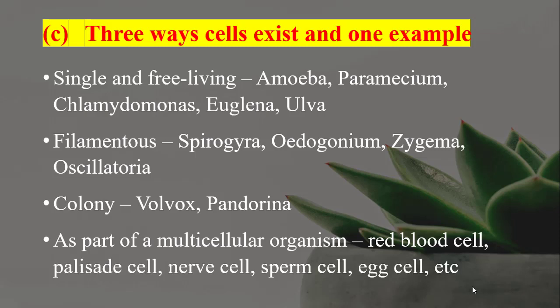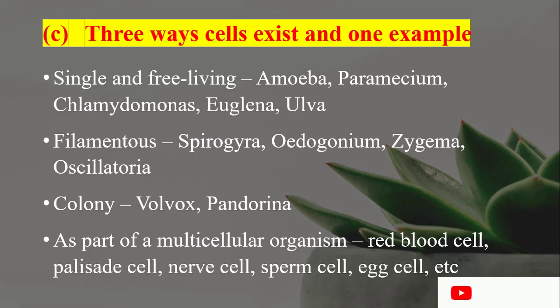As well, we have those that are parts of a multicellular organism, like red blood cell, palisade cell, nerve cell, sperm cell, egg cell, and so on. So question 2C gives a total of 8 marks. That was the end of question 2.